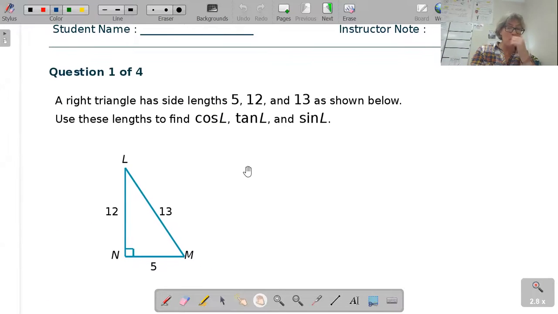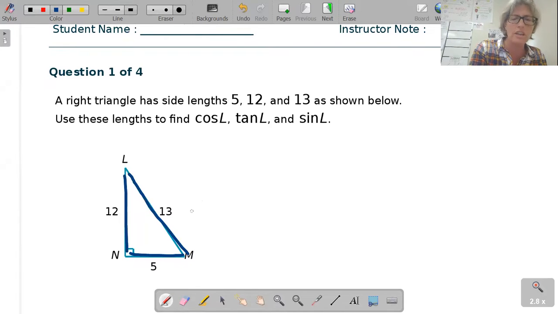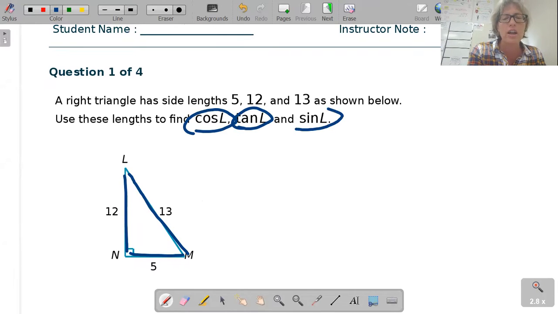So it says a right triangle has side lengths of 5, 12, and 13. So we have the 5, the 12, and the 13. It wants you to find the cosine of L, the tangent of L, and the sine of L. Now, these are the ratios.